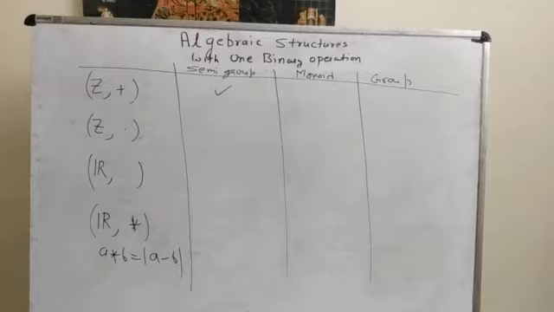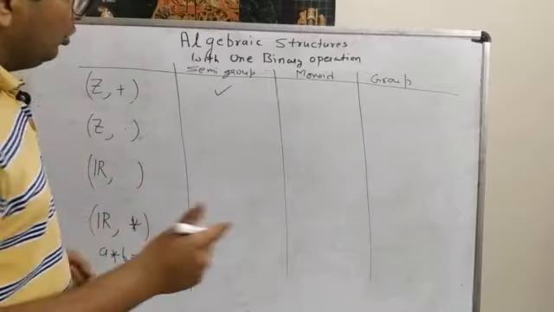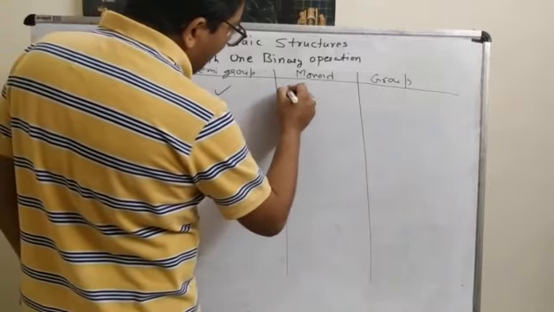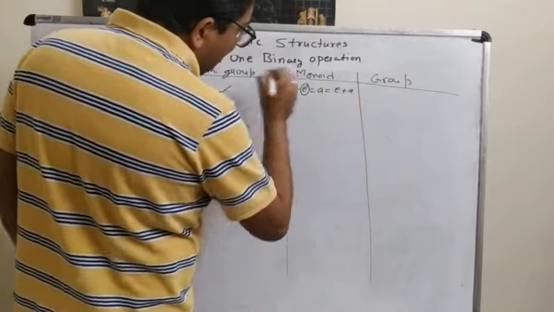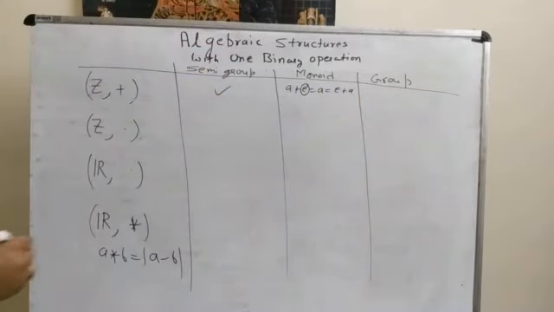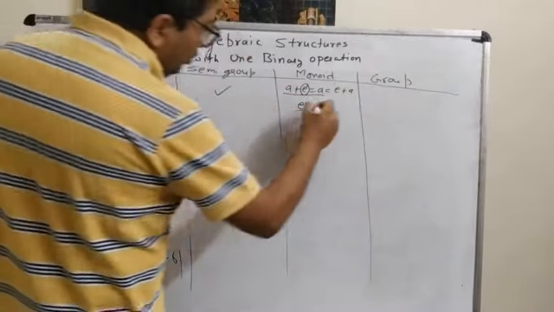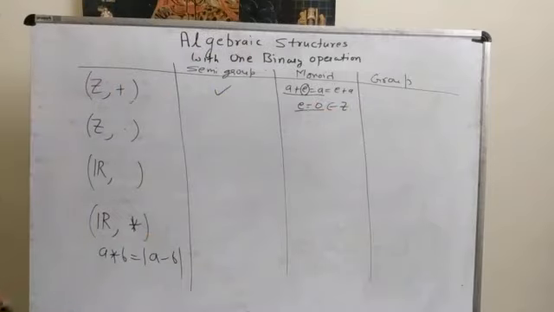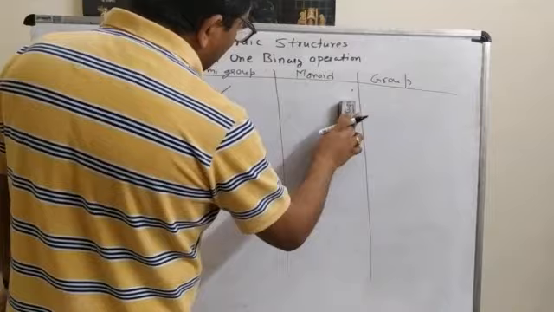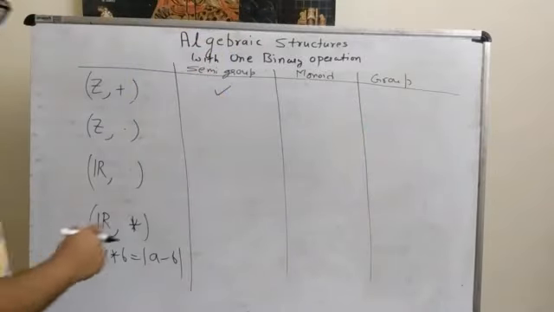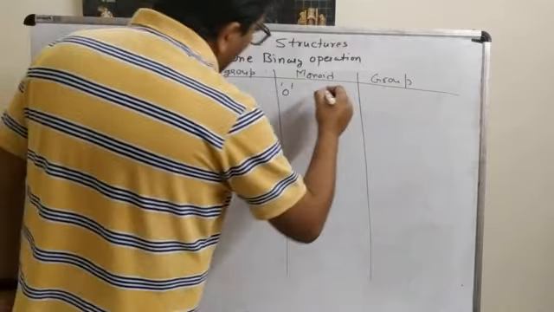Now for monoid, we have to check the identity element of Z. To obtain the identity element, A plus E should be equal to A, which is equal to E plus A. Then this E will become an identity element. If we solve this equation, we get E equal to 0, and this 0 also belongs to Z. So this algebraic structure is a monoid also, with identity element 0.